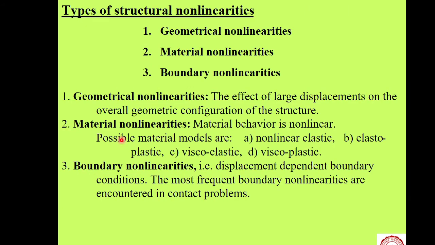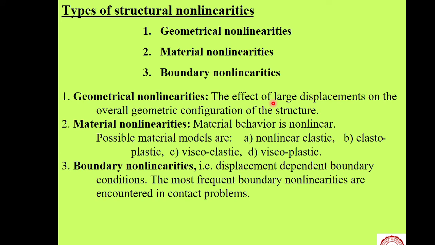Okay, next type of nonlinearity: geometric nonlinearity, material nonlinearity, and nonlinearity coming from boundary conditions. We have discussed some specific problems. This is a type of material nonlinearity. This is a type of geometric nonlinearity.